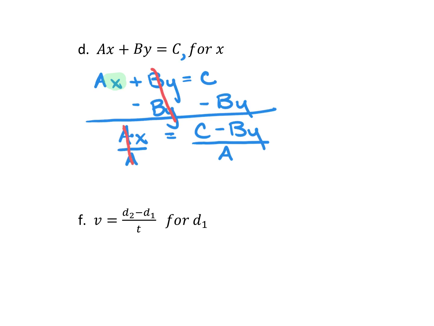My a's cancel, and so I am left with x equals capital C minus capital B times little y over a. We are not going to do anything else with this here because there's nothing else we can do. So this is our final answer. It may not look pretty, but it's the final answer.